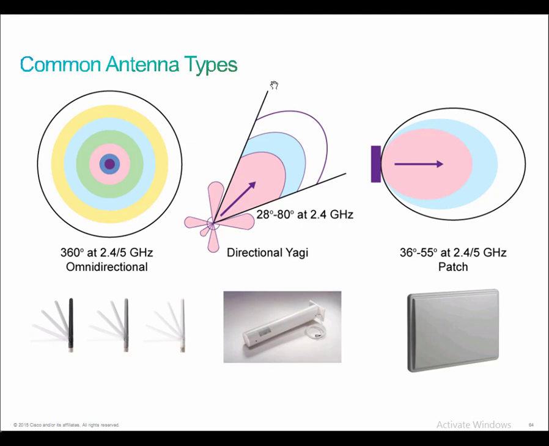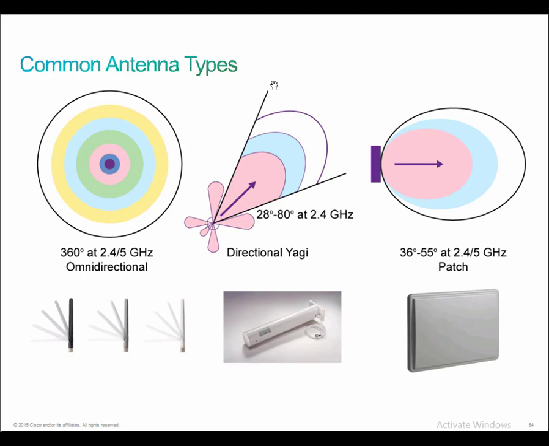There are multiple types of directional antennas, but the idea is that we're focusing the beam in a specific direction, which doesn't necessarily increase the power. Remember, an antenna is a passive device, so it doesn't actually amplify the signal, but it does increase the fidelity of the signal by focusing it in a specific direction.